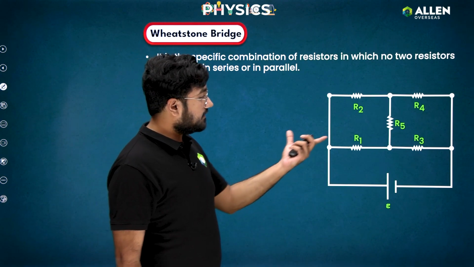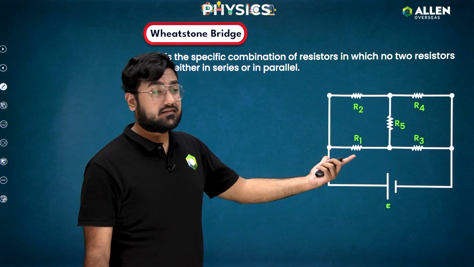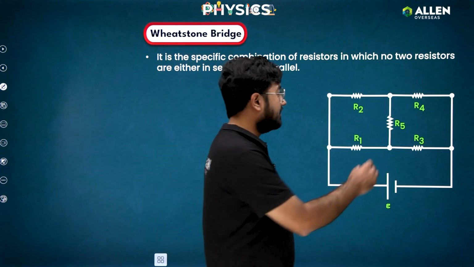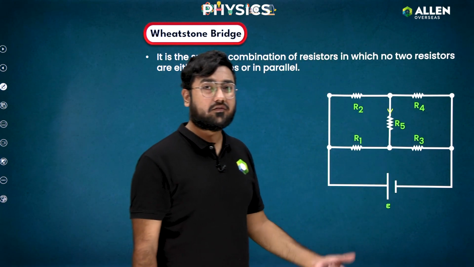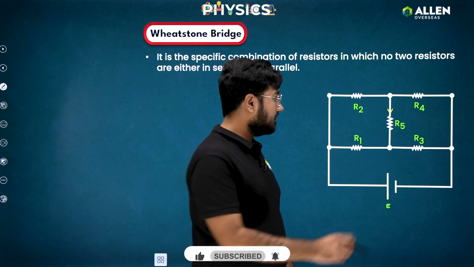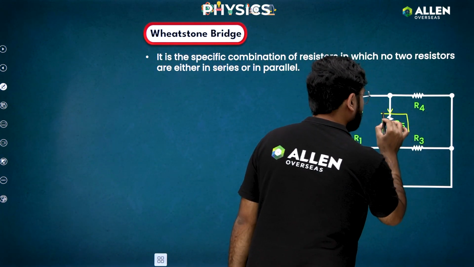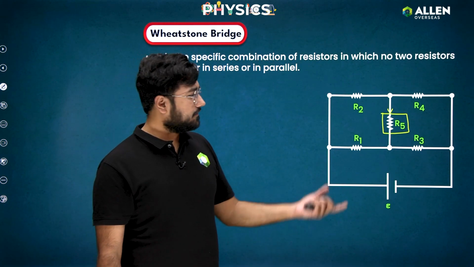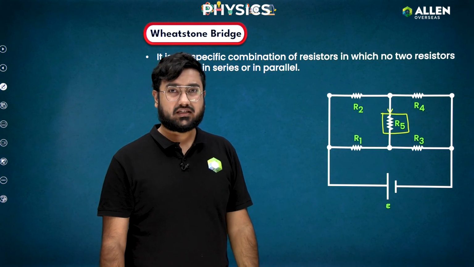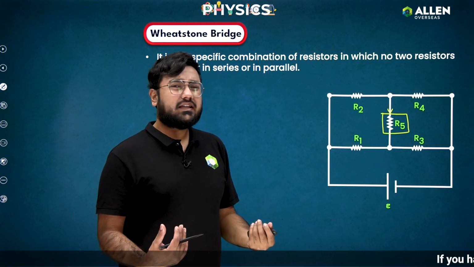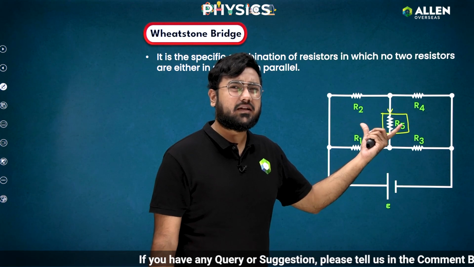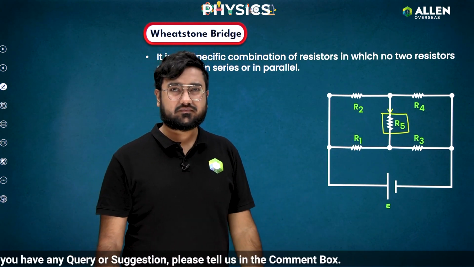Okay, so in this circuit we could be interested in finding the net equivalent resistance, or this central branch is of my utmost importance. Why? Because by using a simple principle, if I make the current through this branch 0, then it will be quite easier for me to determine different parameters related to any particular circuit, right.